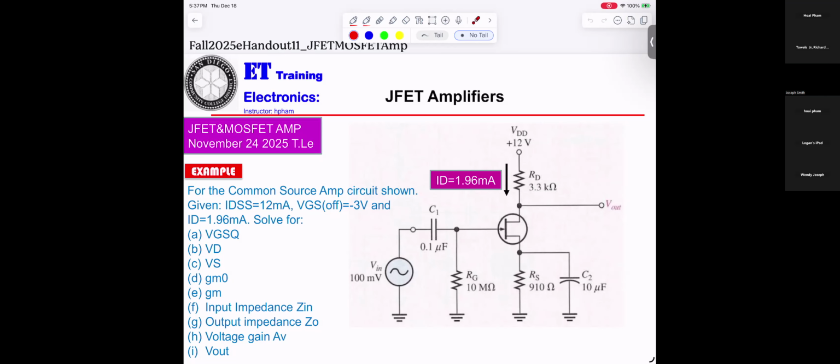So in order to solve the problem, the values must be given to you. They give you ID equal 1.96 milliamp. Now my question is, what is the current IS?